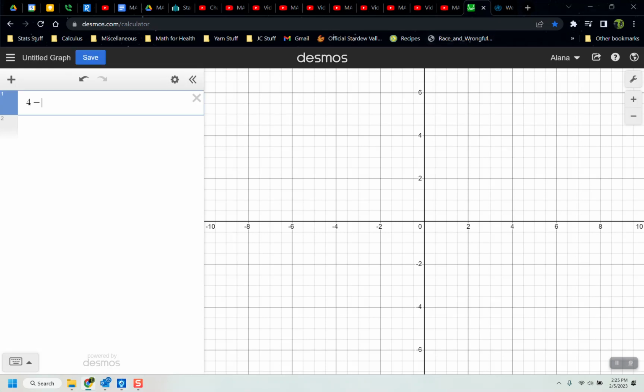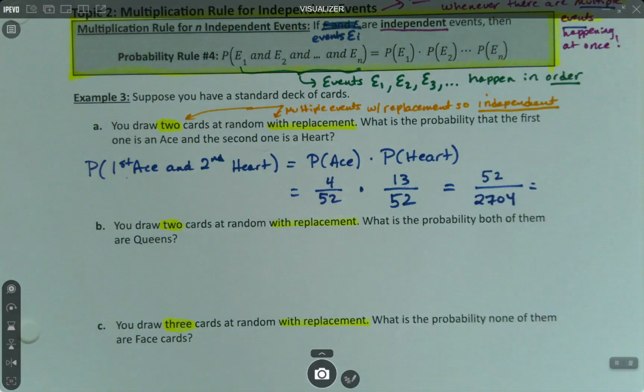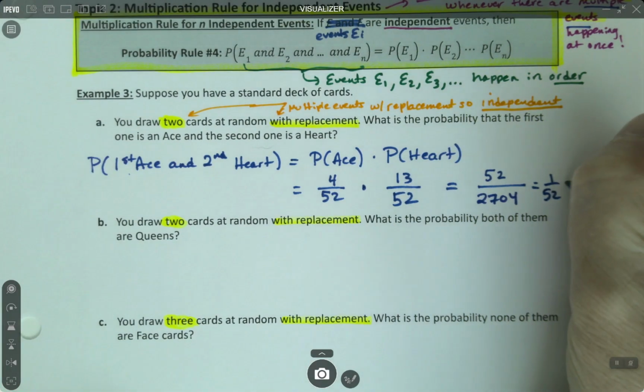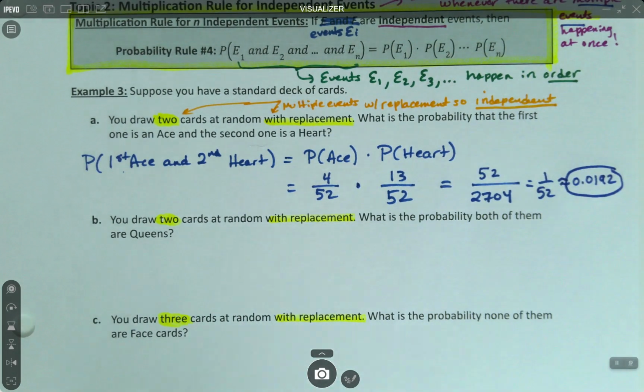So 4 times 13 is 52, 52 times 52 is 2,704, like I said, which leads me to 52 divided by 2,704, which is 0.0192. It's also 1 out of 52, if you want to see the fraction. All right, so this is 1 out of 52, which is approximately 0.0192. Usually we use the decimals on these, but in case they ask for the fraction, there you have it.